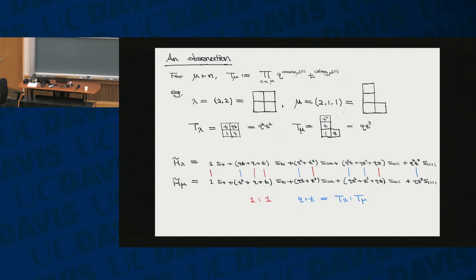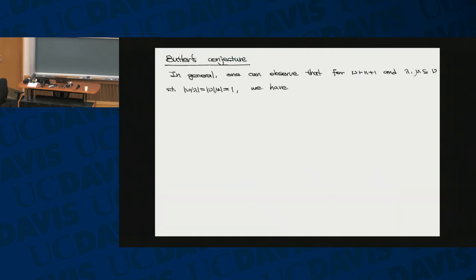And this phenomenon was observed by Butler. So in general, you can think of a partition like the one on the blackboard here. Starting from a big partition nu, you choose two corners, remove one corner to obtain lambda and remove the other corner to obtain mu. In that case, you can expand the Macdonald polynomial so that A is the same, and the other parts have ratio T lambda over T mu.